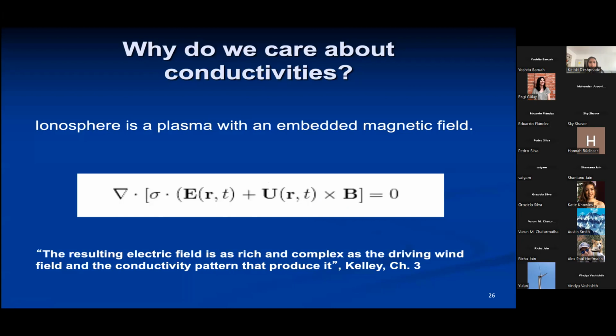And for the last thing, I'd like to say a few words about conductivities. This is actually one of my favorite quotes, and one of the reasons I get excited about the ionosphere. It came from Mike Kelly, who is no longer with us, but in his book, he talks about this equation right here, which you see is basically the winds, the conductivity, the electric field, and here are the winds and the magnetic field.